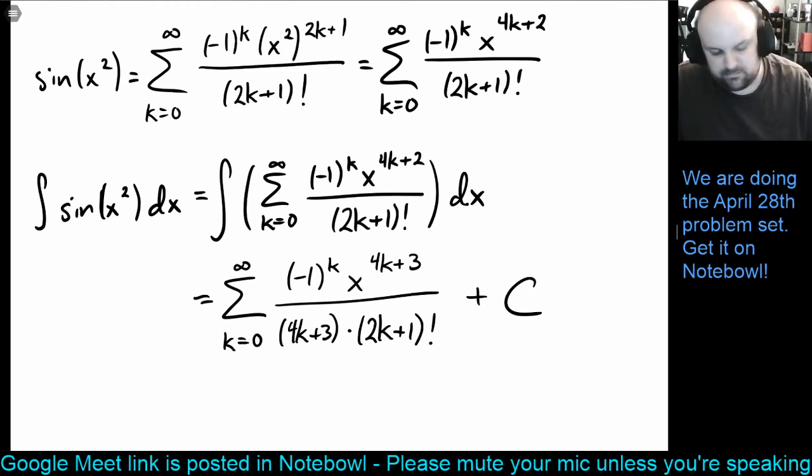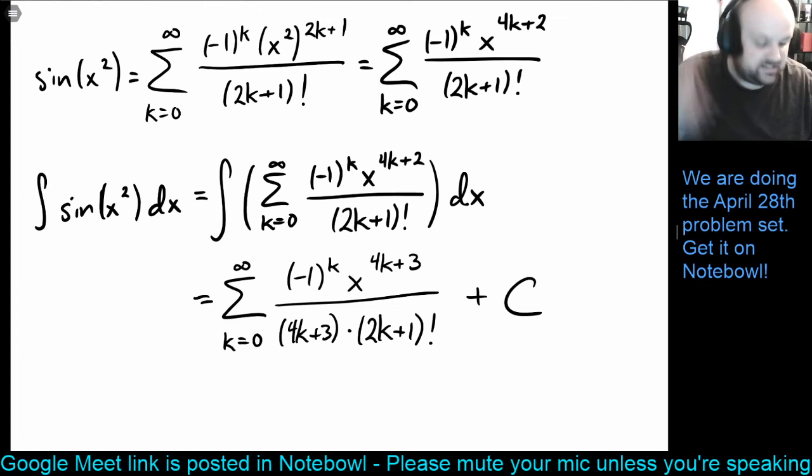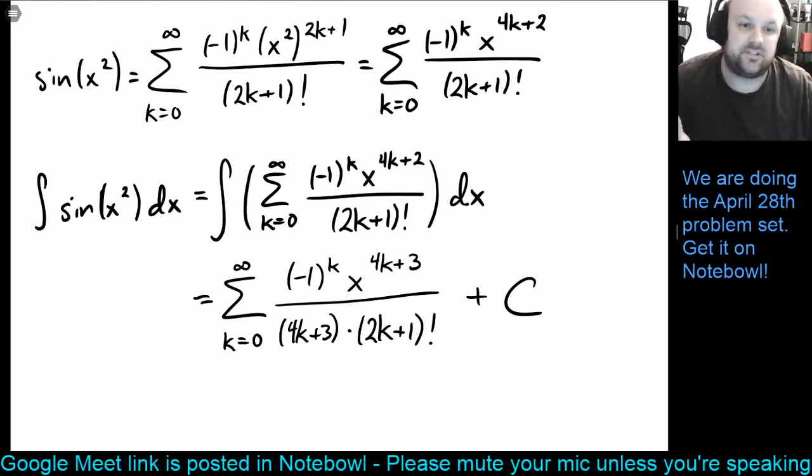Again, it's not particularly pretty, right? It's not going to be something we can write down as a nice function. It is this thing here. But the point is we can do it, right? And if you want to put some bounds on this, well, we just evaluate the series at those different x values.